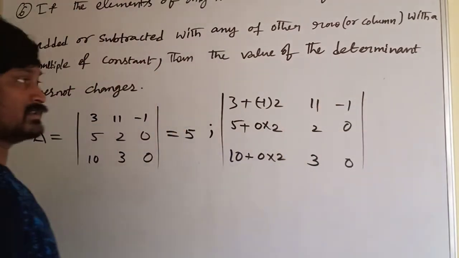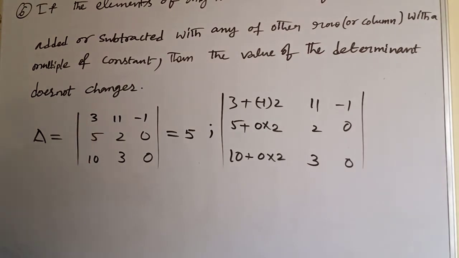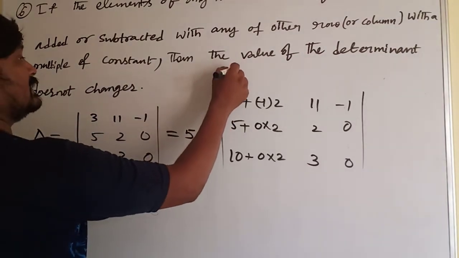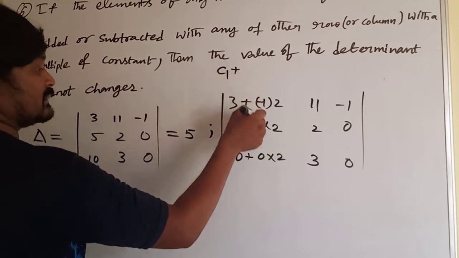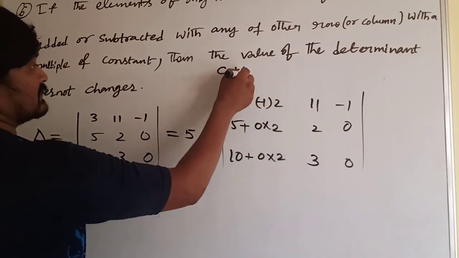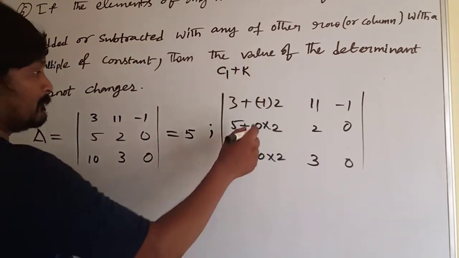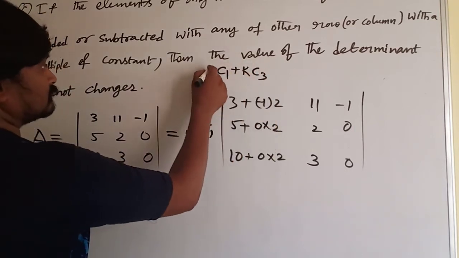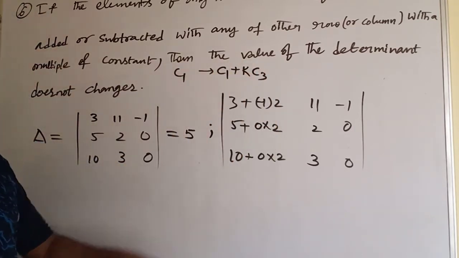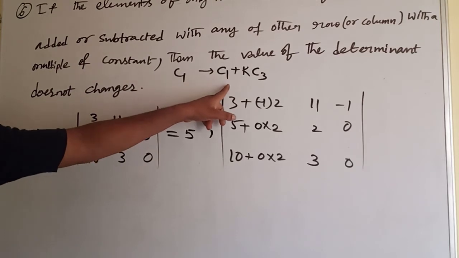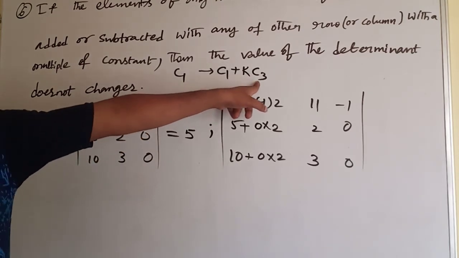So what I did here is that C1 is added with some multiple, that is 2, that is K, of C3. Means in C1 what is our change? C1 tends to C1 plus K C3.